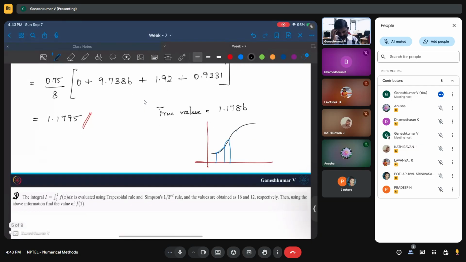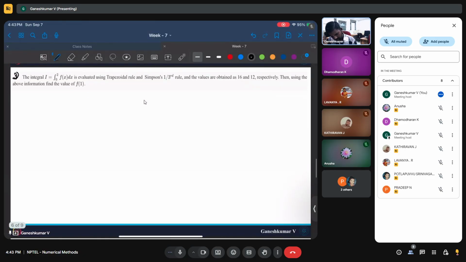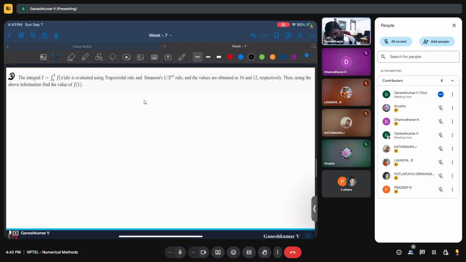All right. So if there's no questions, let's move forward with question 3. So question 3 is slightly interesting. It has nothing to do with finding integral. I mean, it has to do with finding integral, but it tests your formulas. For example, you have an integral of 0 to 2 f of x dx.